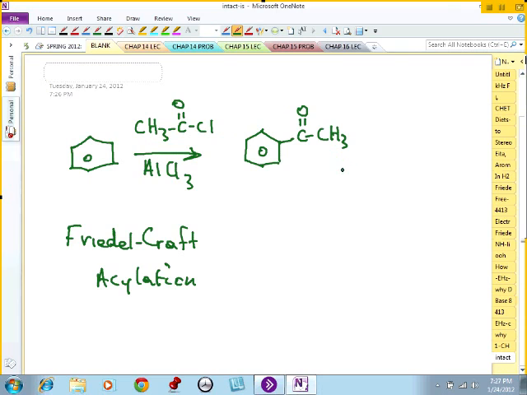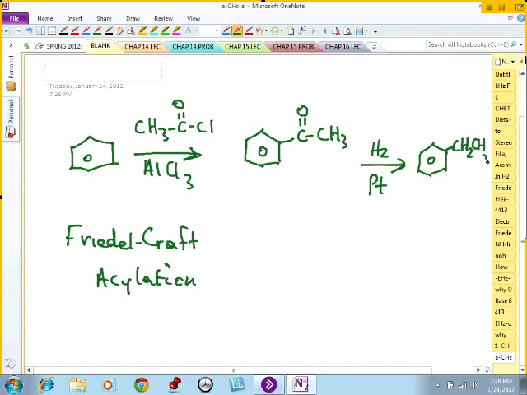That's what you get. Now, the beauty of this reaction is we could convert the carbonyl group to a methylene group by taking hydrogen and some catalyst, either palladium or platinum.